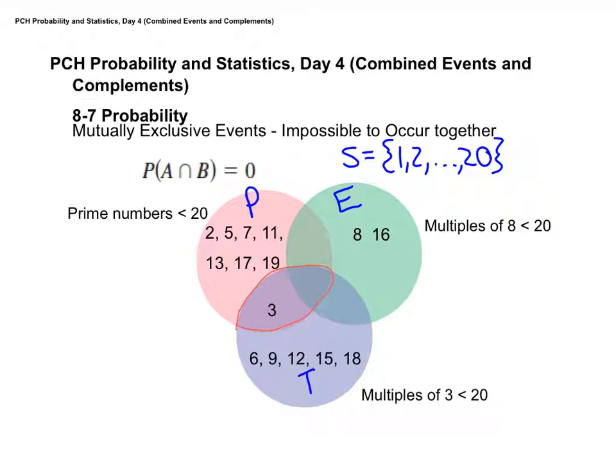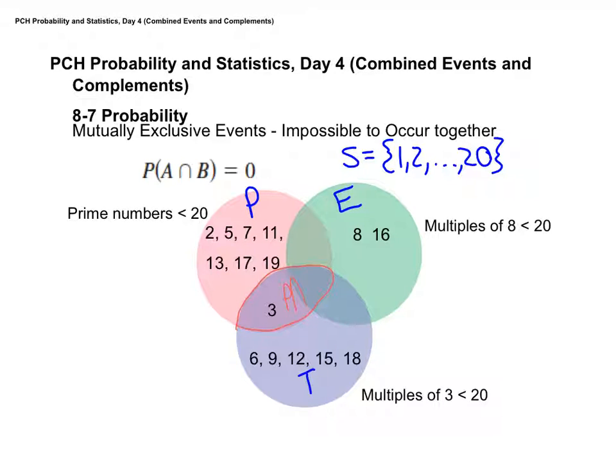Now what would we call that part of our Venn diagram, where P and T overlap? We would call that the intersection, that's right. Now notice the notation here.